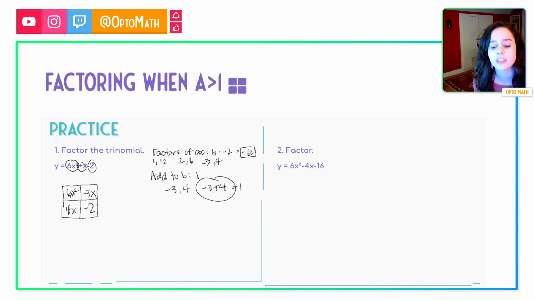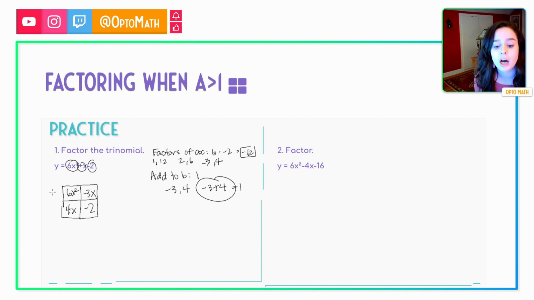Now let's find the GCF of each piece, because remember, the first thing we want to try to do if we're factoring is find the GCF. And we actually didn't try to do that here, but it was pretty obvious there was not any GCF because one of your coefficients is a 1. So let's go ahead and do our GCF. I'm going to start with this first row. So 6x squared and negative 3x. So let's think about our number pieces.